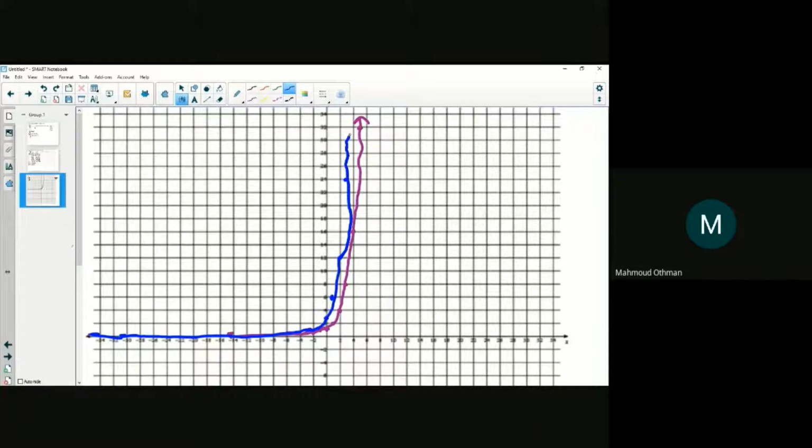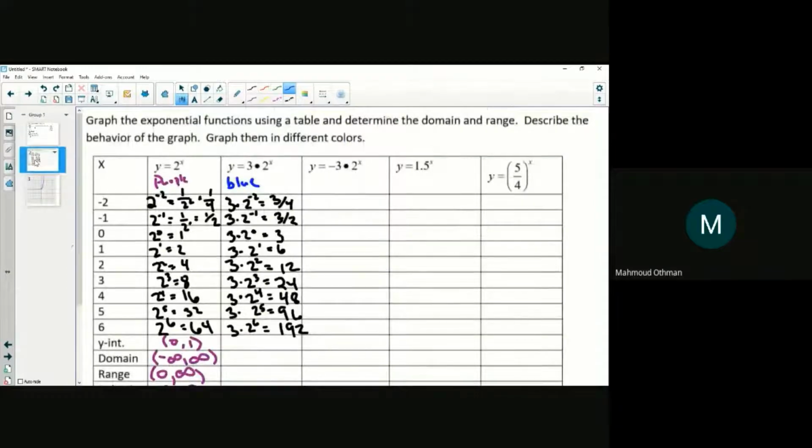And then it increases like this. Sorry for the poor graph. Then let's go to the next one.